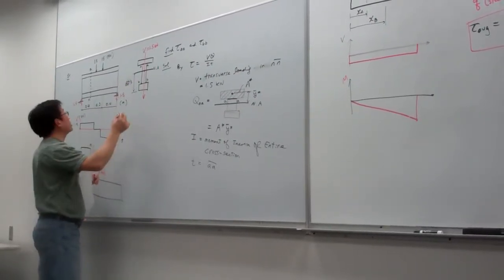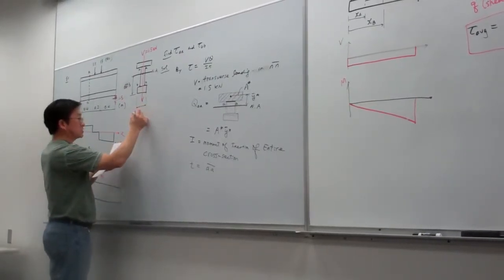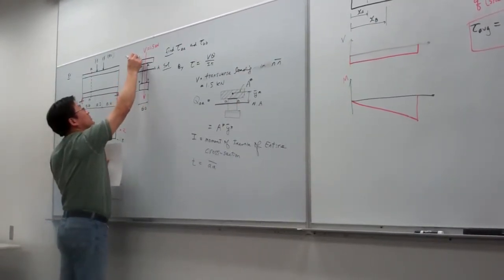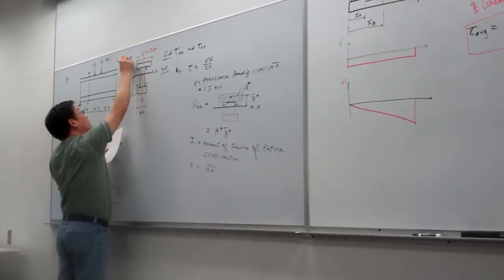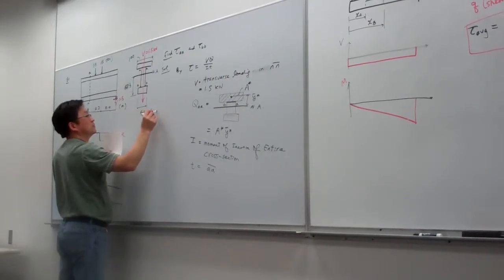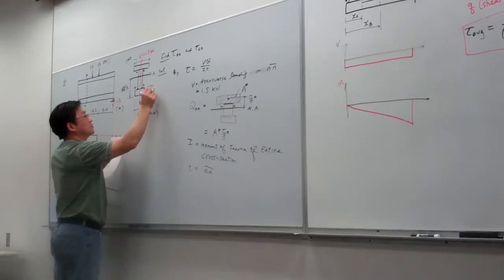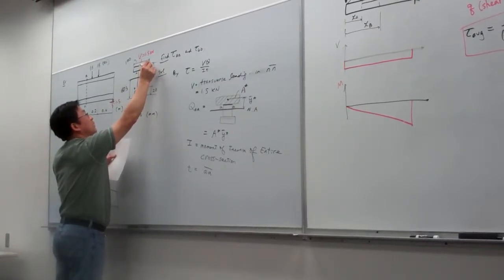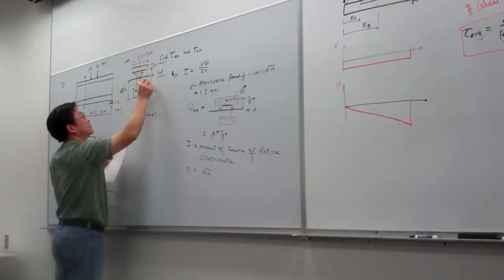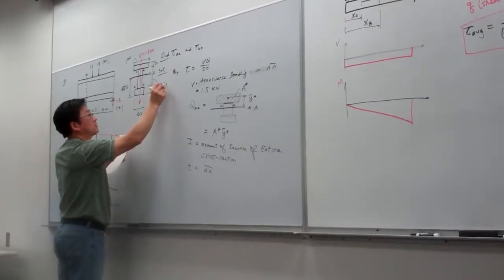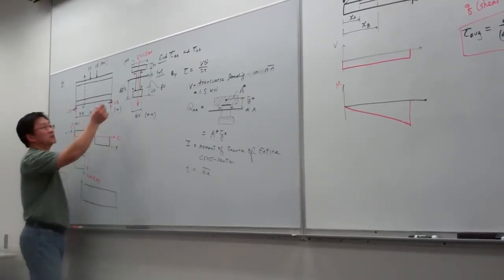Sorry, I forgot to give you the dimensions. Here is 60, and this dimension here is 100 millimeter, and this one is 20, this one is 20, and from here to here is 80. Based upon those dimensions, we can calculate the centroid.